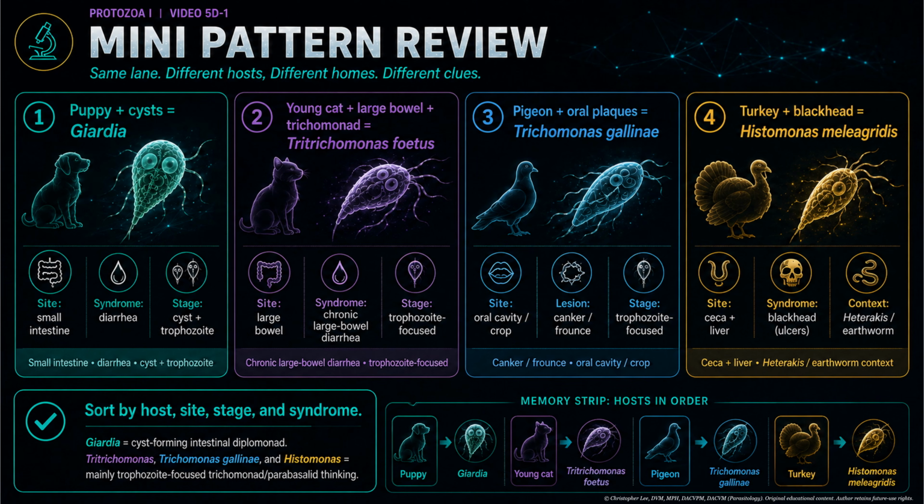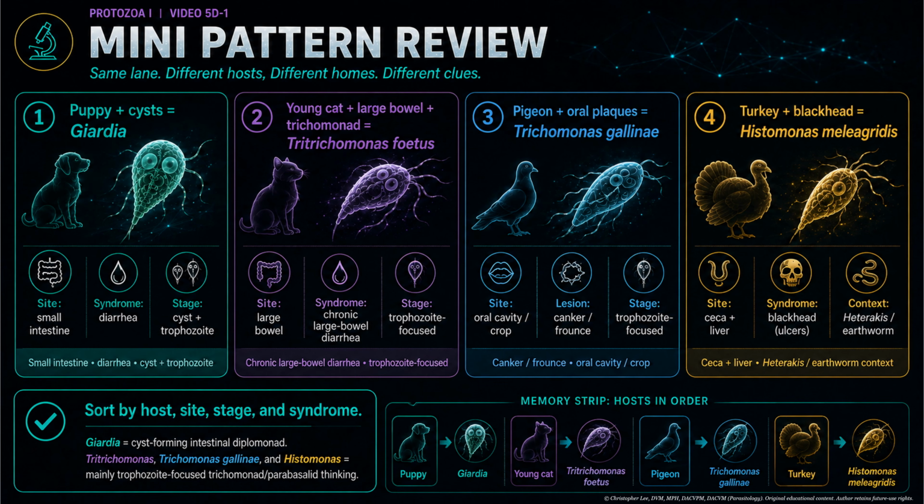Let's finish by running the 4 major patterns one more time. A puppy or dog with small intestinal diarrhea, especially when cysts are part of the picture, points towards Giardia. Don't forget that Giardia also affects horses, ruminants, rodents, and seals. A young cat with chronic large bowel diarrhea and a motile trophozoite-focused organism points towards Tritrichomonas fetus.